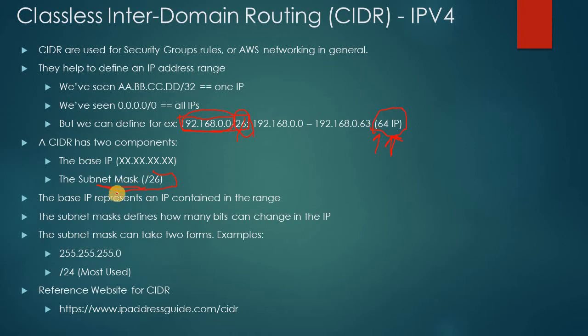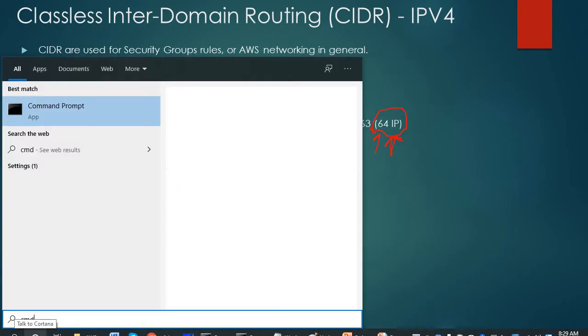There is some calculation based on the subnet mask. Suppose we have a subnet mask of 24, how many IP addresses can we generate? In the next slide I will show you how. Here is a subnet mask for Windows, and here is a subnet mask for Linux. How can you find it in Windows?